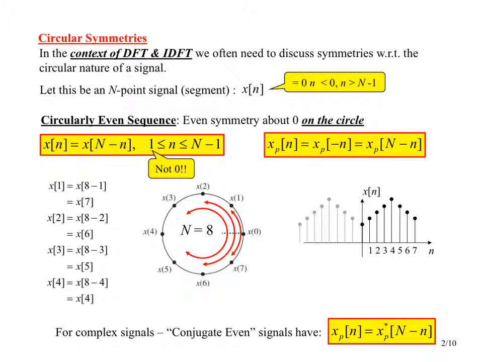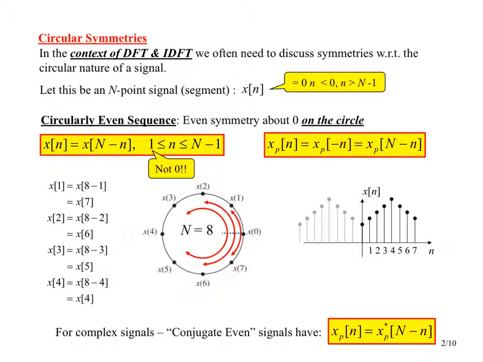So we typically have odd and even functions for regular functions, and now with these periodic or circularly viewed functions, we need to rethink what an even function means, what an odd function means.